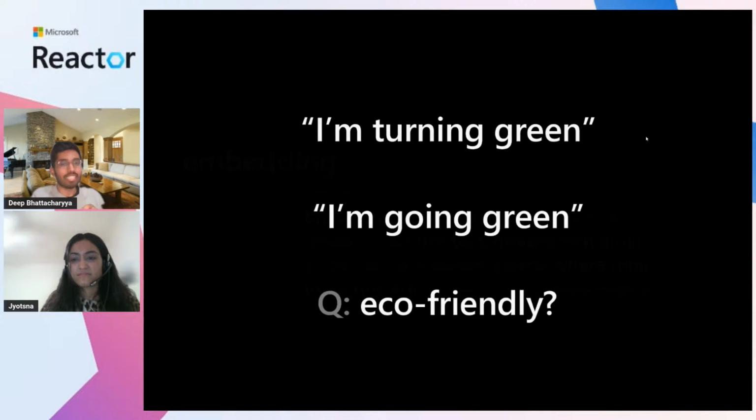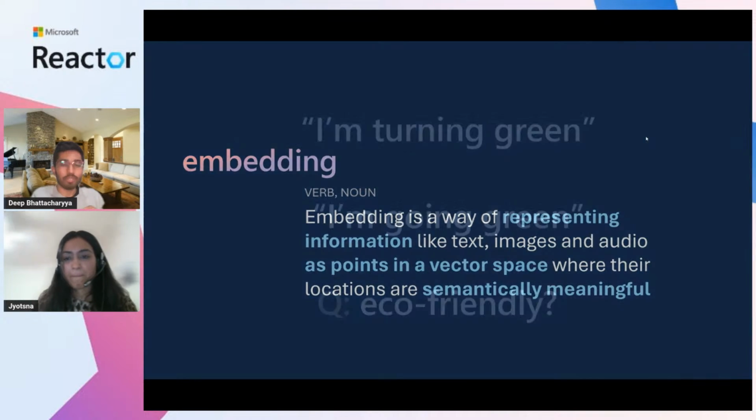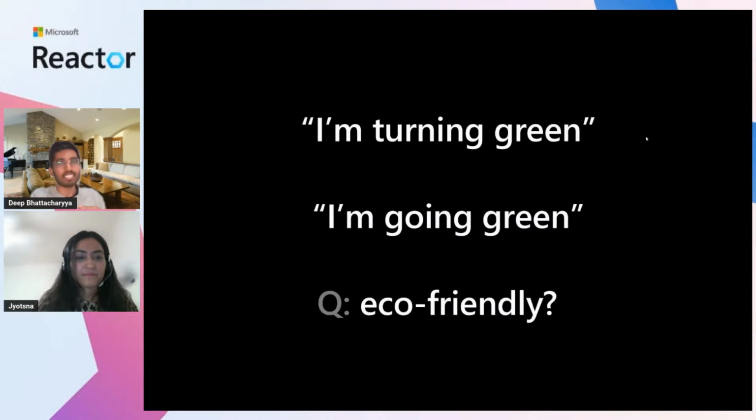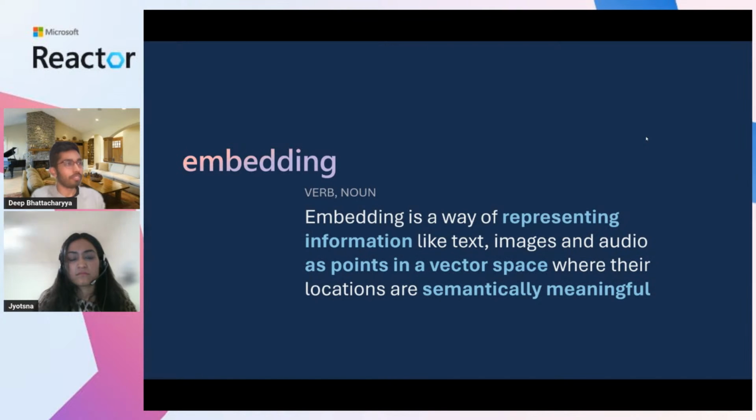And this doesn't really translate to computer and text meaning very well. So think about it. If I ask a computer which one of these two is more eco-friendly, how are we going to determine that? The way to do it is by using embedding models and having our computers learn from the way that we use language day to day.